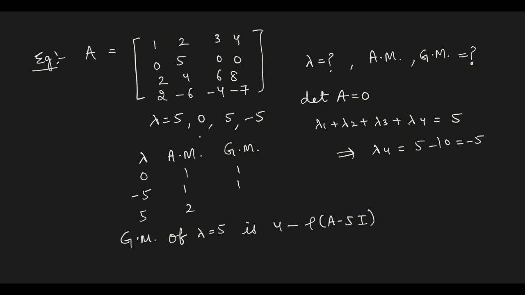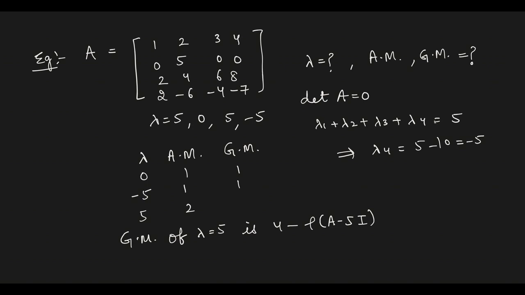The reason being the trace is 5, one eigenvalue is 5, and the determinant is 0. So if lambda 1 plus lambda 2 plus lambda 3 plus lambda 4 equals 5, then 5 plus 0, lambda 3 plus lambda 4 will be 5, and the determinant is the product of the eigenvalues.